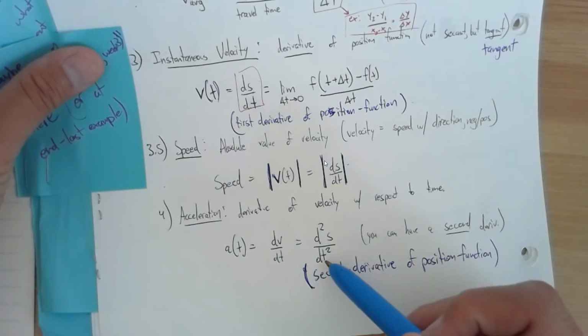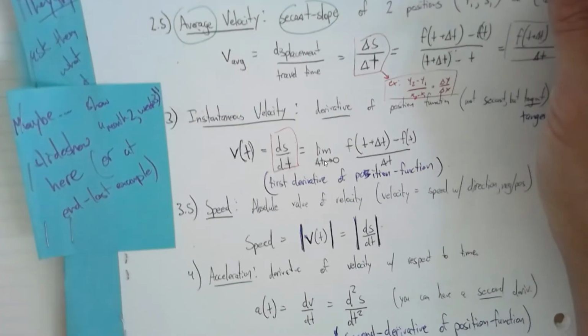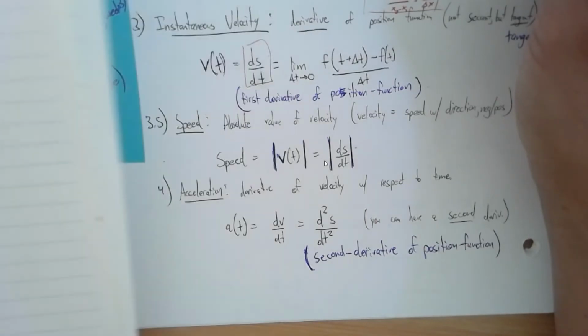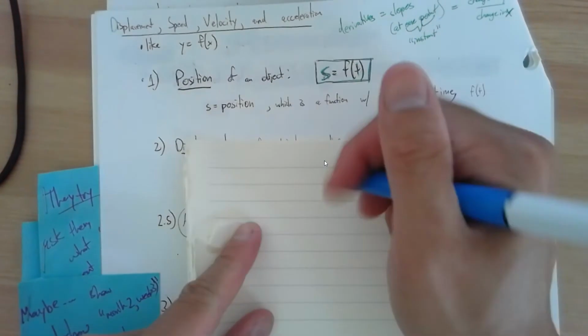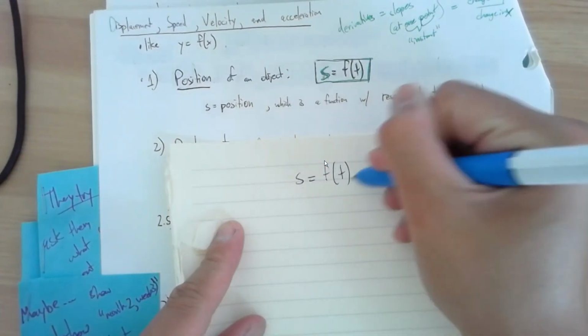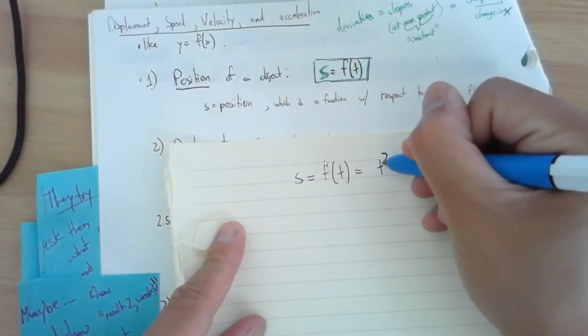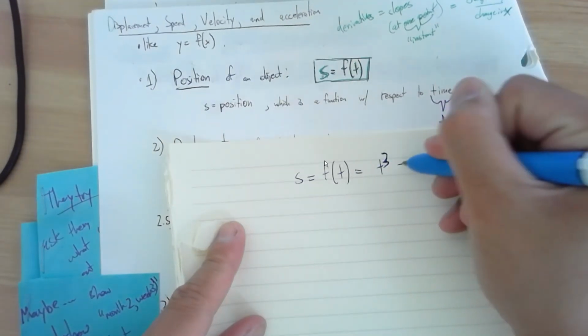So if you had, let's say, okay, you know what? I didn't want to do this, but let's go ahead and do it. s, again, is f of t. And let's say it is t cubed minus 3.